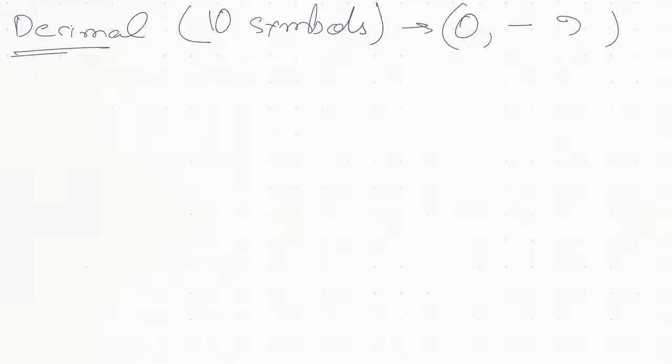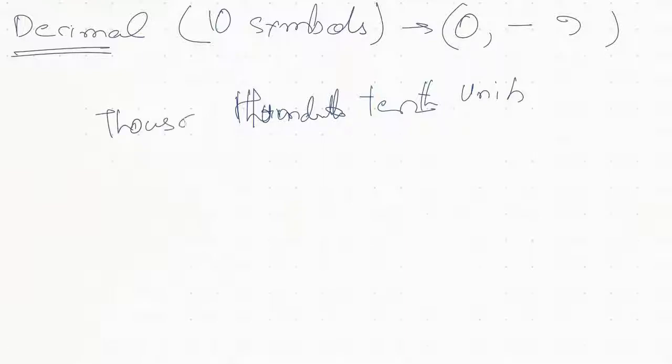As it is a weighted code, every position has a weight, starting from a unit place, then a 10th place, then a 100th place, and then a 1000th place.